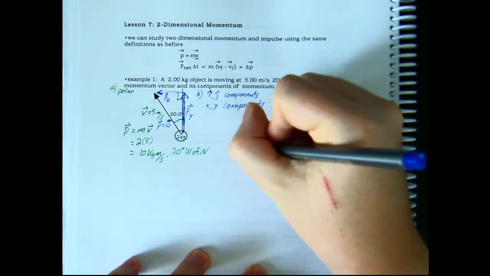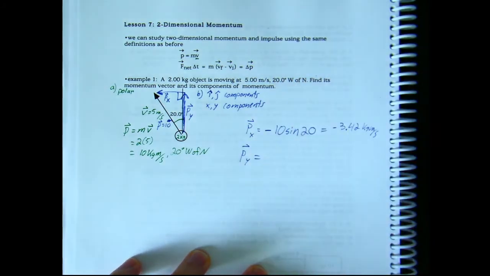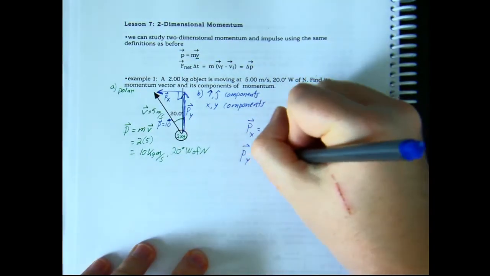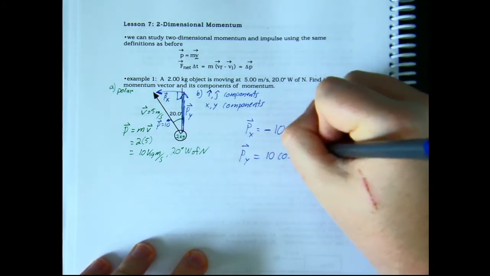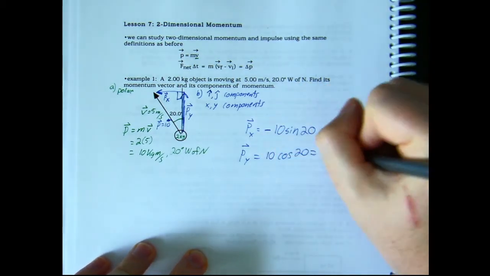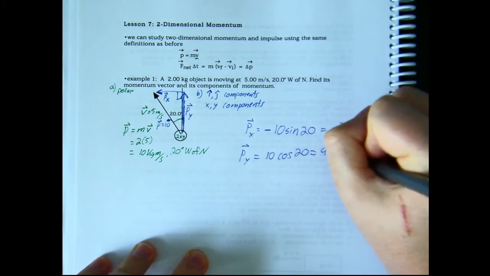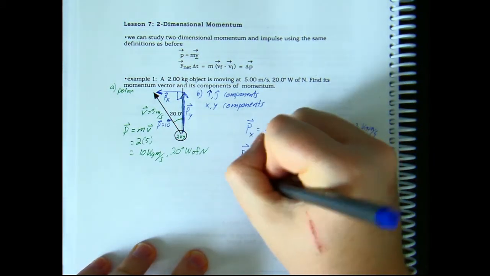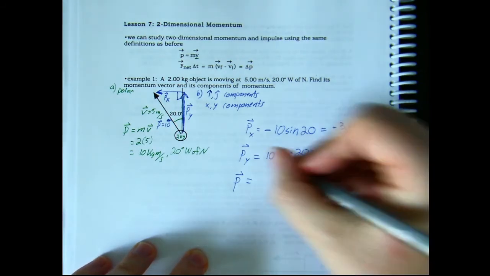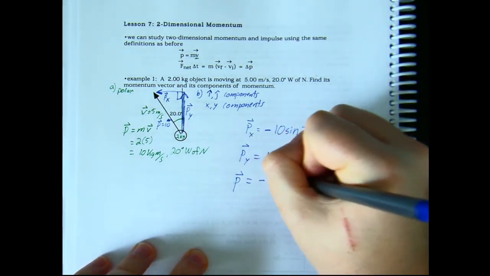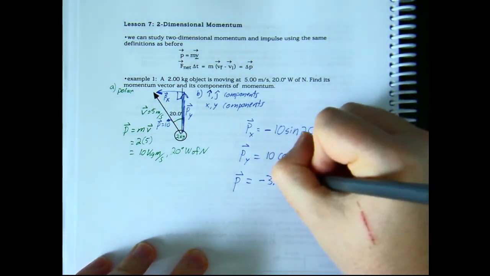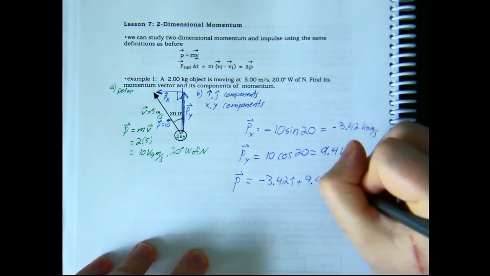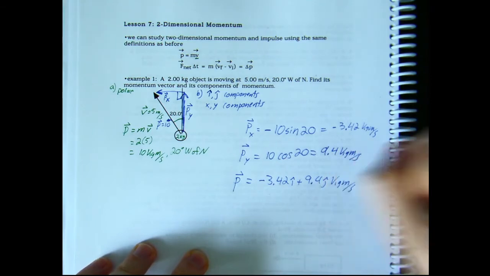And then our y component is going to be, it's up, so it's positive, and it's going to be 10 cos 20, which is going to give us a value of 9.4 kilogram meters per second. So in component notation, we've got negative 3.42 i hat plus 9.4 j hat. And we just put the units there at the end.